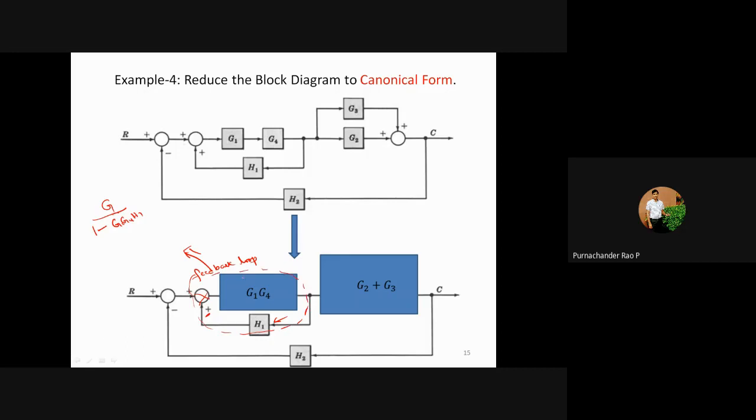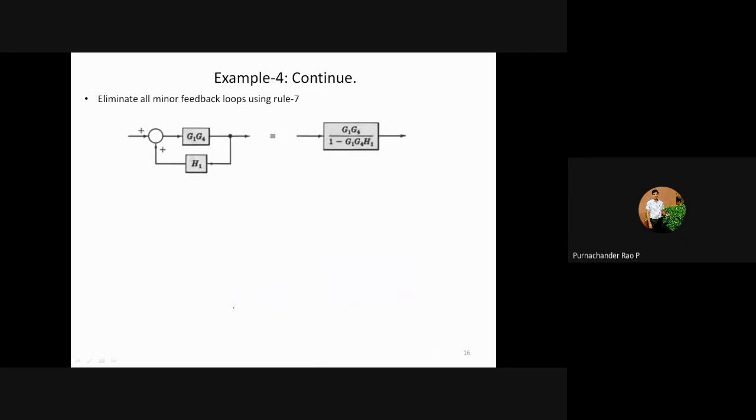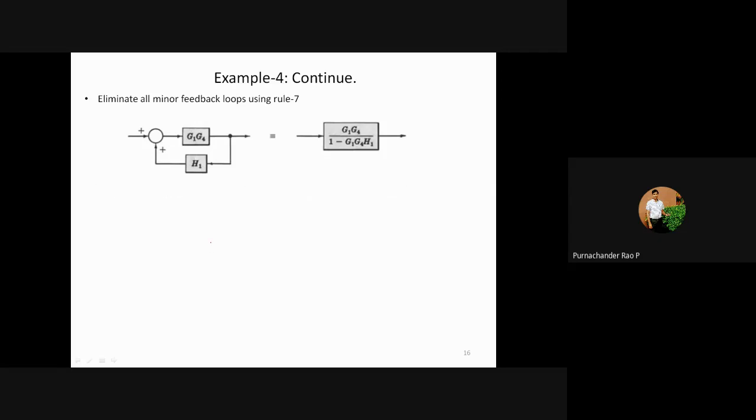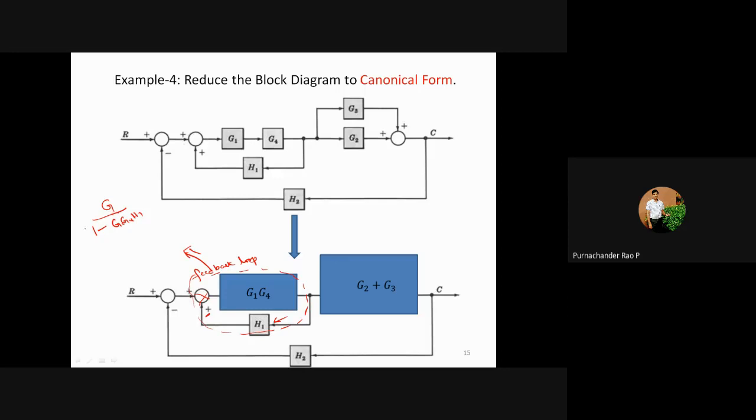Okay, so I will eliminate the feedback loop. The step 3 is to eliminate the minor feedback loop, which is G1 G4 divided by, with feedback H1. So the resultant value is G1 G4 by 1 minus G1 G4 into H1. And the next one is, here I am representing this value as this block.